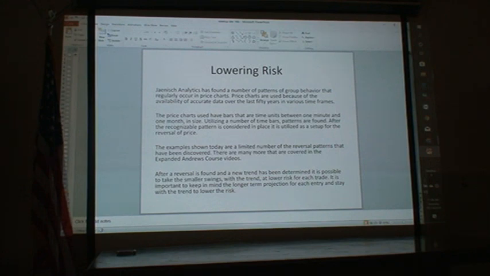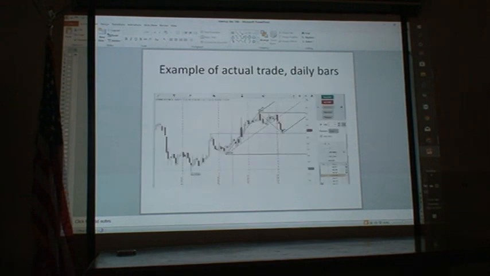So you might want to look at some data from weekly or monthly bars and then work it down to much smaller size bars, maybe hourly or something. It is important to keep in mind the long-term projection of each entry and stay with the trend to lower the risk. Here's an actual example of a trade in real time.